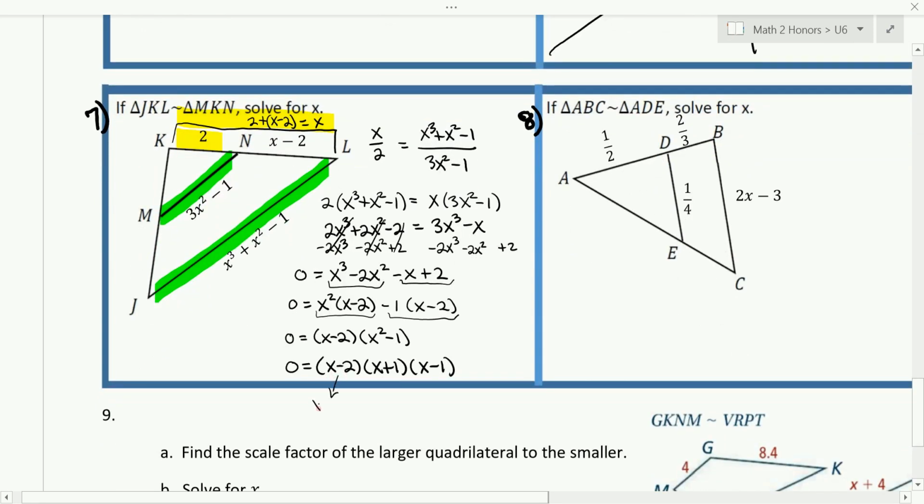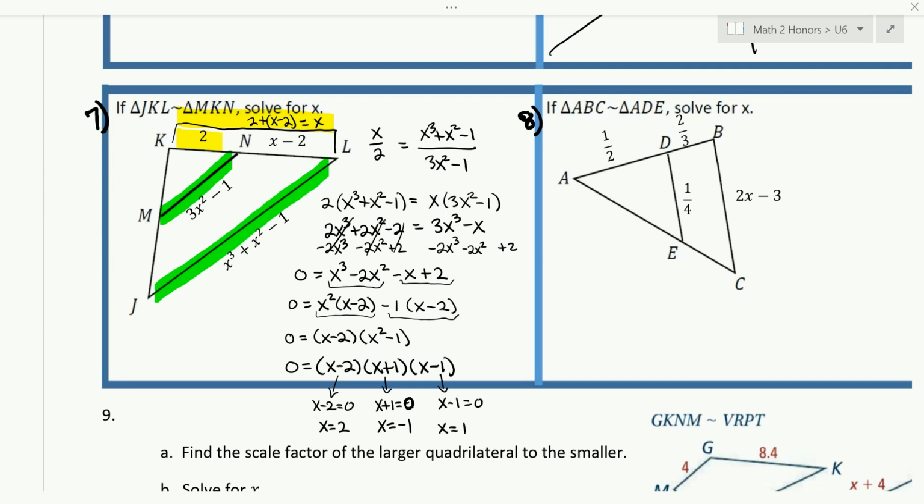Okay, so first one gives you x equals 2. Second one gives you x equals -1. And the last one gives you x equals 1. Do all of them make sense?